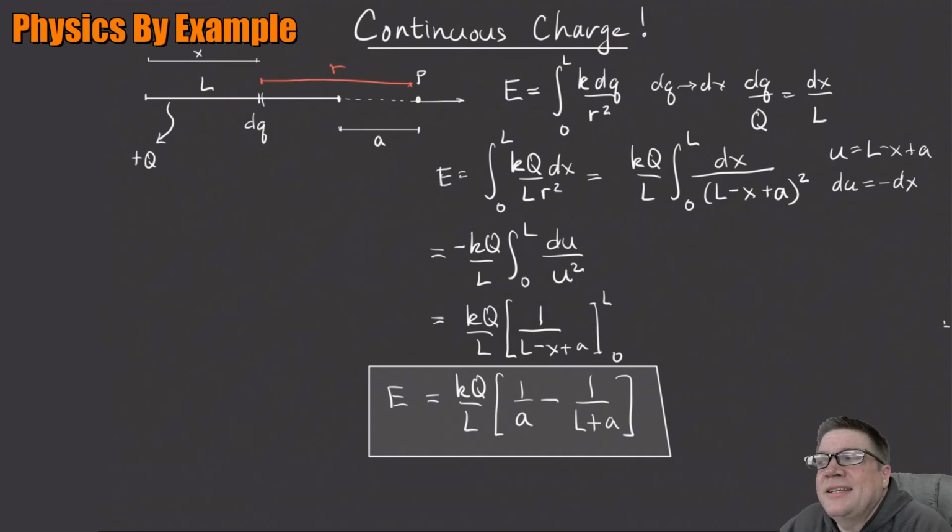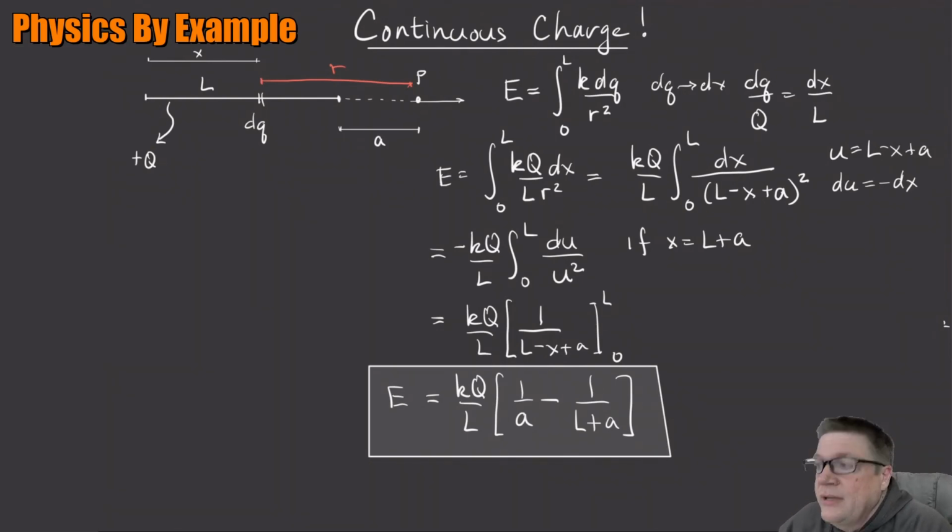Maybe we place the left-hand side of the bar at the origin, and so maybe what you're interested in is some distance away greater than L. So you might say that you're a total distance x away from the origin. I've seen it written like this: if x is L plus A, in other words, where P is located at coordinate x on the x-axis, that's a distance L plus A away, right?